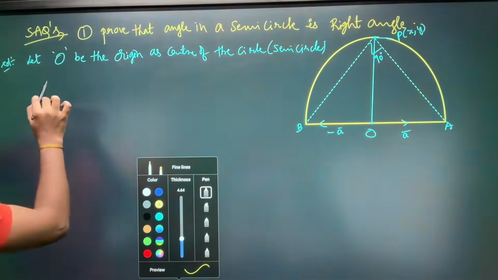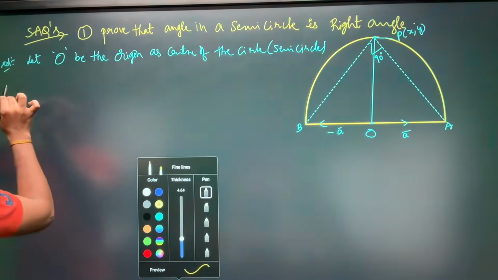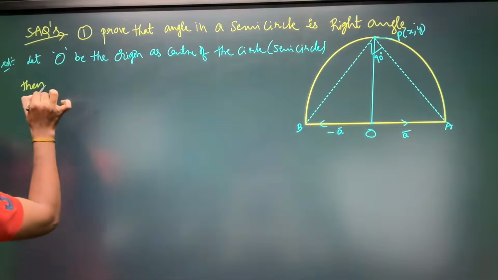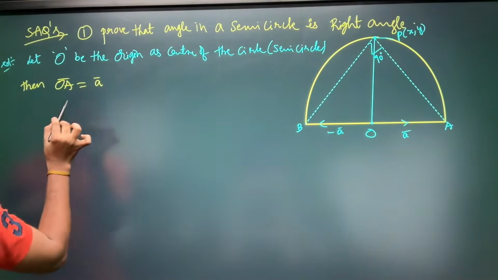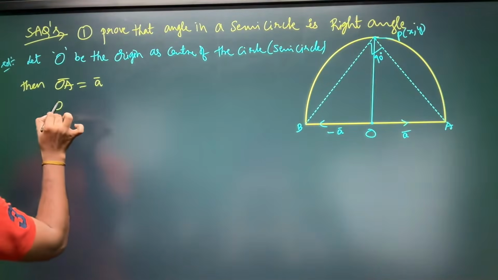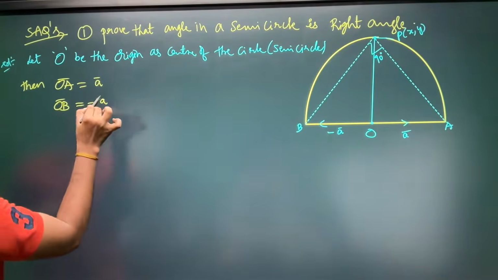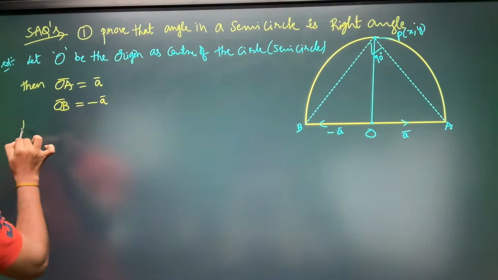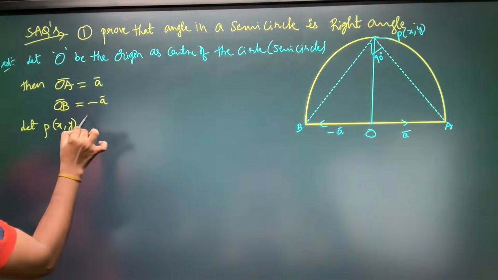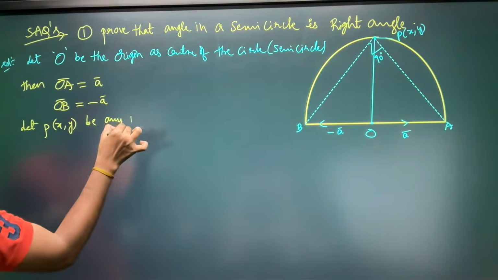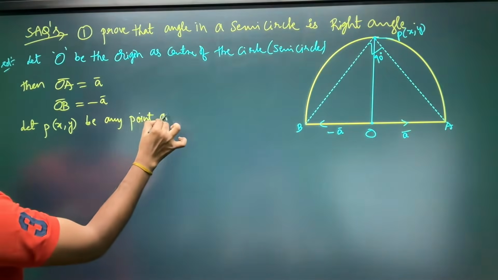Next, whenever you take OA bar, I am taking OA bar as small a bar, this is the distance. And OB bar becomes minus a bar. Let P be any point on the semicircle, P of x comma y be any point on the semicircle.